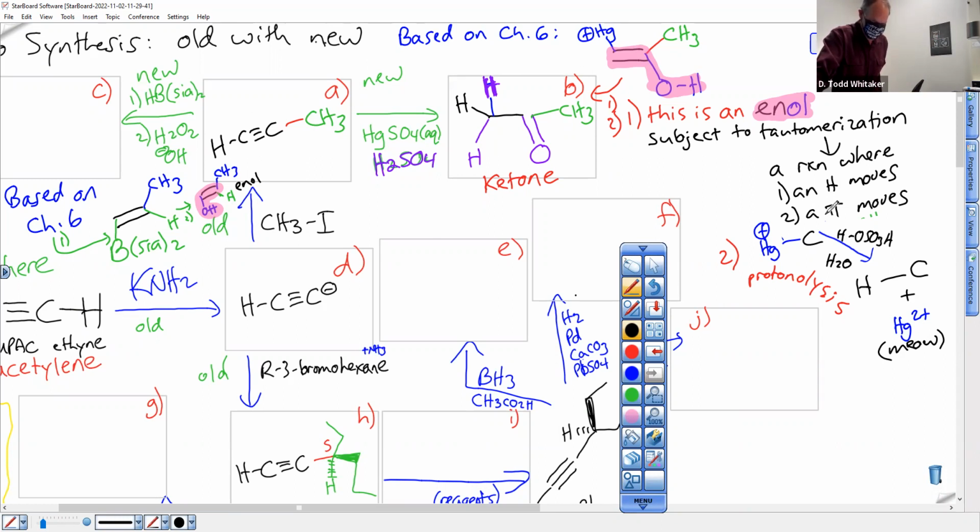H moves, pi moves. Well, here it is. H moved from the alcohol to the position, not the carbon attached to the alcohol, but one away. You with me so far? What happens to the C single bond to O?